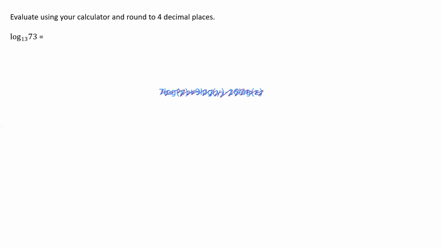So does anybody remember how to type this into your calculator? I don't remember how to do that. We have to do the change of base formula. So we're going to look at this and ask what is the way to make this into something we can change the base for?